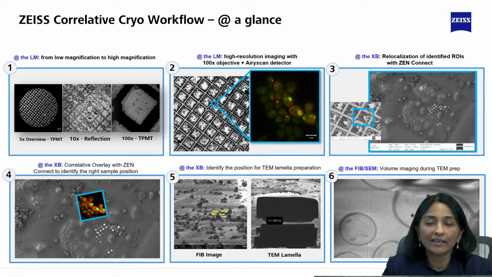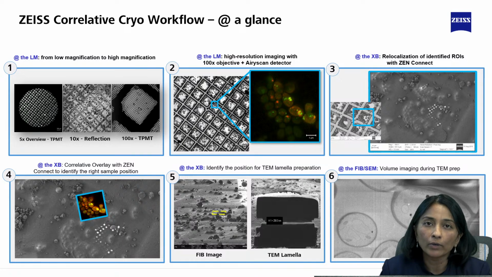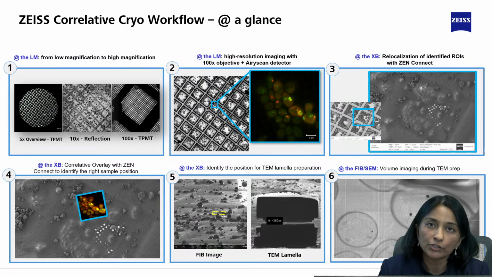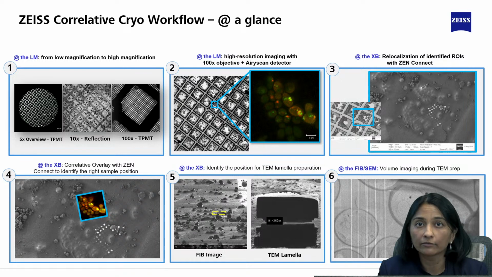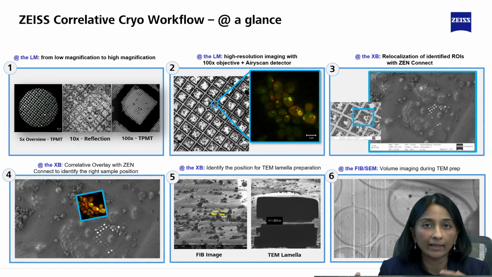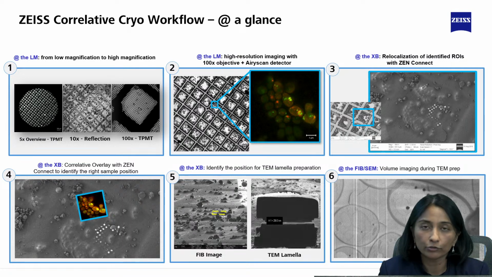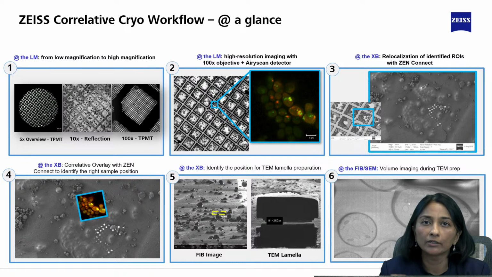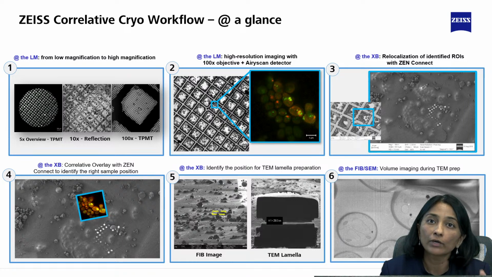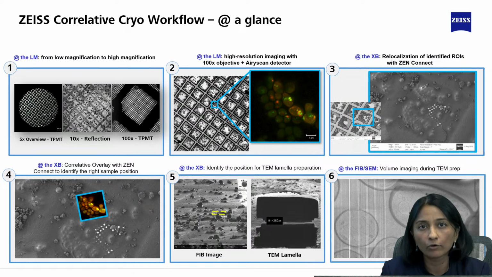What is the cryo correlative workflow? In a nutshell, you're looking at imaging grids on the light microscope at low mag objective using the 5x and then the 10x. And you do this using a multitude of contrast methods, for example, transmission, reflection, and then you utilize the high NA 100x objective to do confocal imaging.